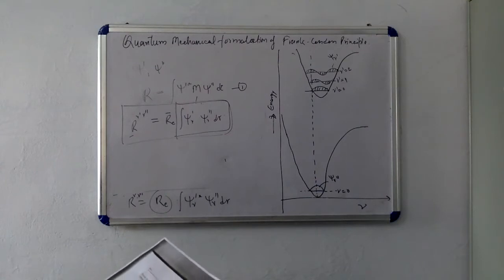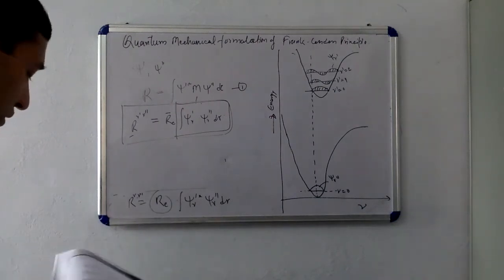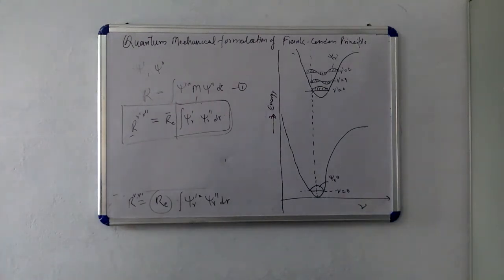And this quantity is called the Franck-Condon factor.